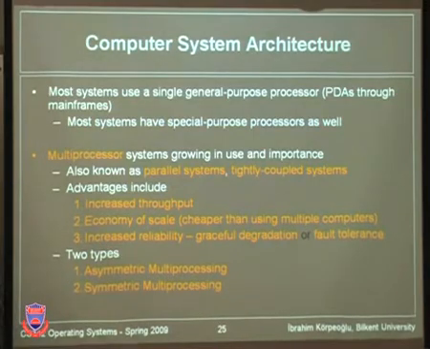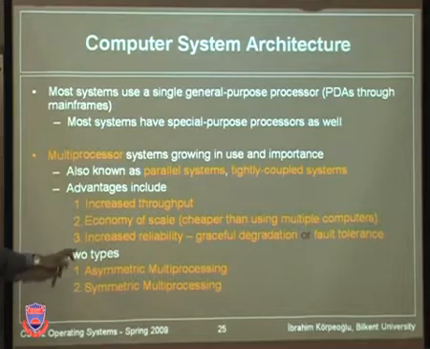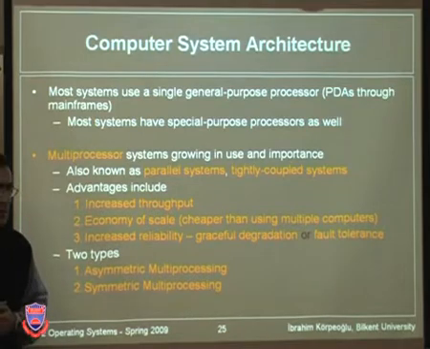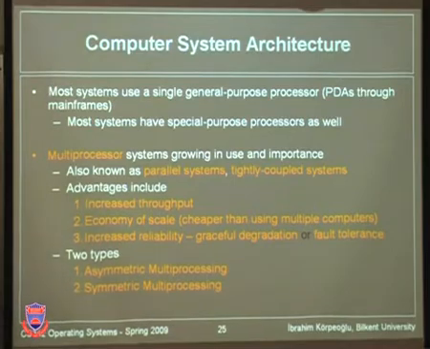That solution will be cheaper. That is economy of scale. And the third benefit is increased reliability. If one CPU fails, without the user being aware of that, the applications can be started running in another CPU. Therefore, the computer may continue operating, so you have increased reliability in the system.